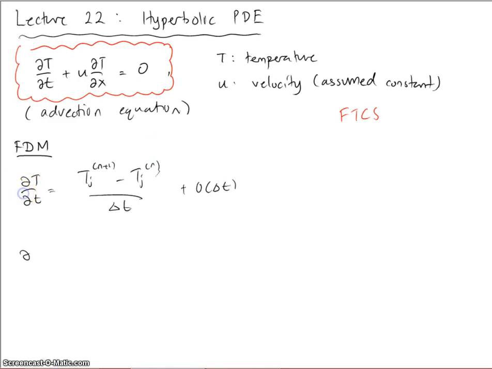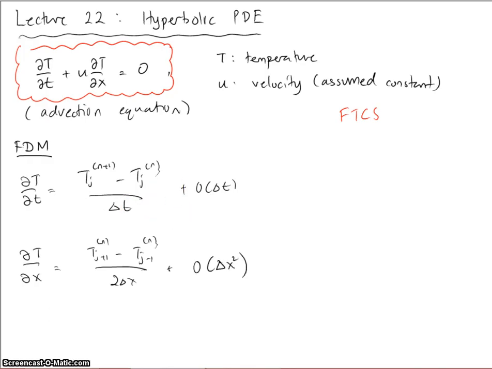In your central space scheme, right now instead of d squared T/dx squared, we have dT/dx. So we have to use the central difference scheme to approximate the first order derivative dT/dx, which will be given by (Tj+1 at n minus Tj-1 at n) over 2 delta x. This would have an order of accuracy of delta x squared.